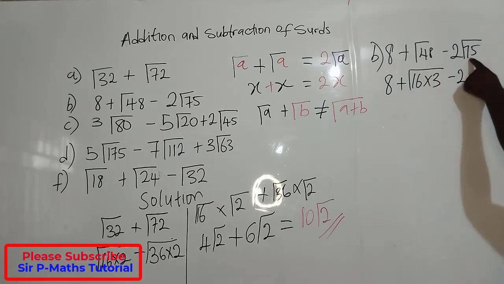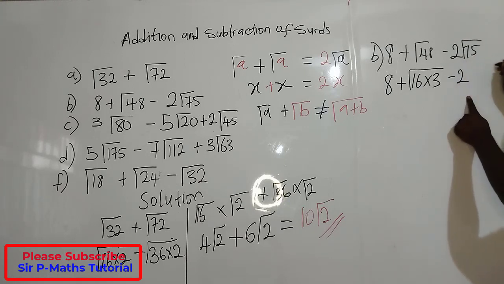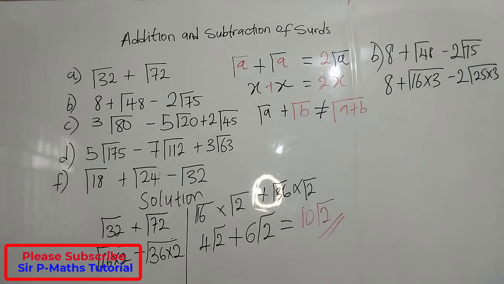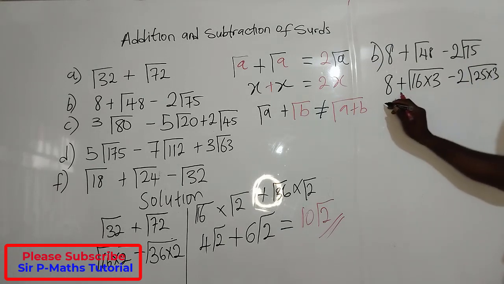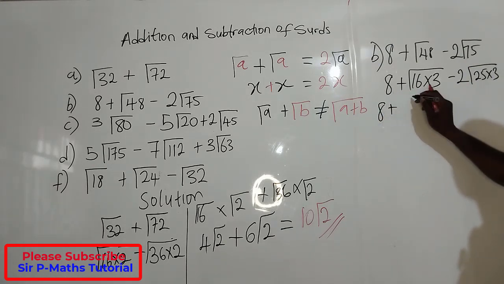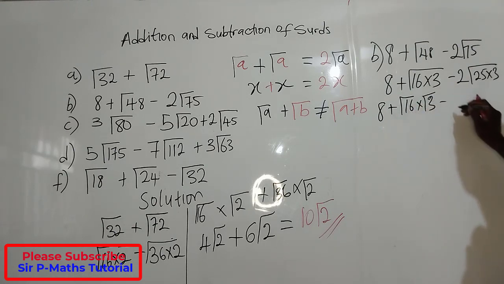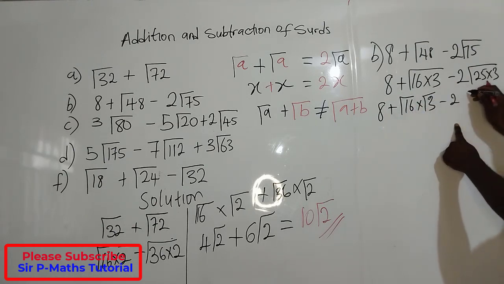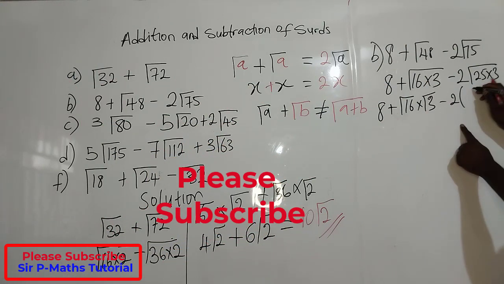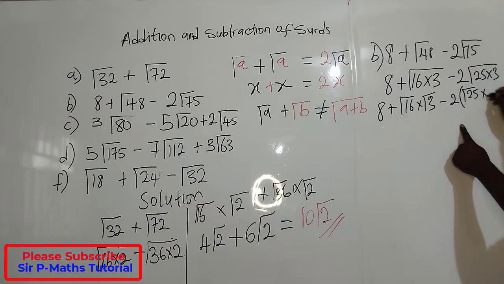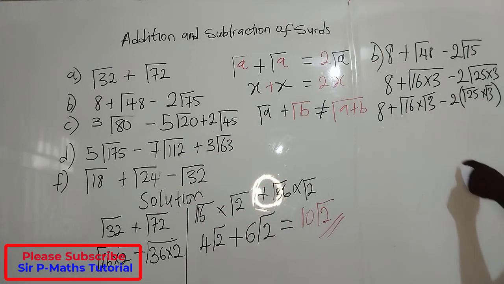Minus 2, the square root of 75. If I say 25 times 3, I'll have 75. Then from here, I'll have 8 plus, separate it, square root of 16 times square root of 3, minus 2, we separate this, square root of 25 times square root of 3.